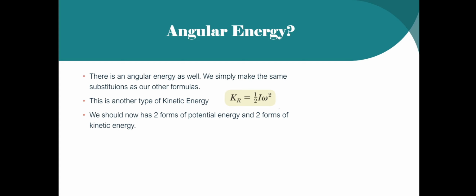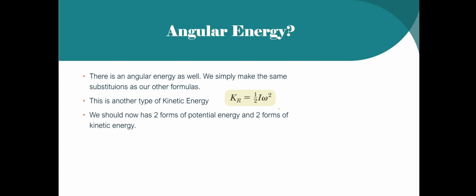That was our kinetic energy. Well, we now know that we can substitute mass with I and get 1/2 I, and then v gets substituted with omega, so that we have 1/2 I omega squared. Okay, so this is all the rotational terms for kinetic energy, and it gives us a rotational kinetic energy.